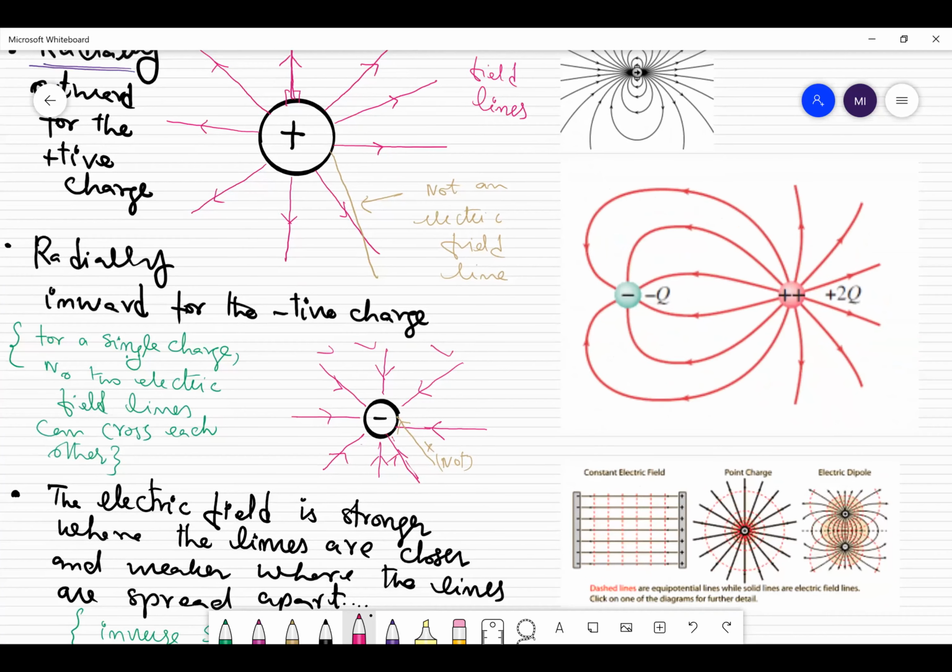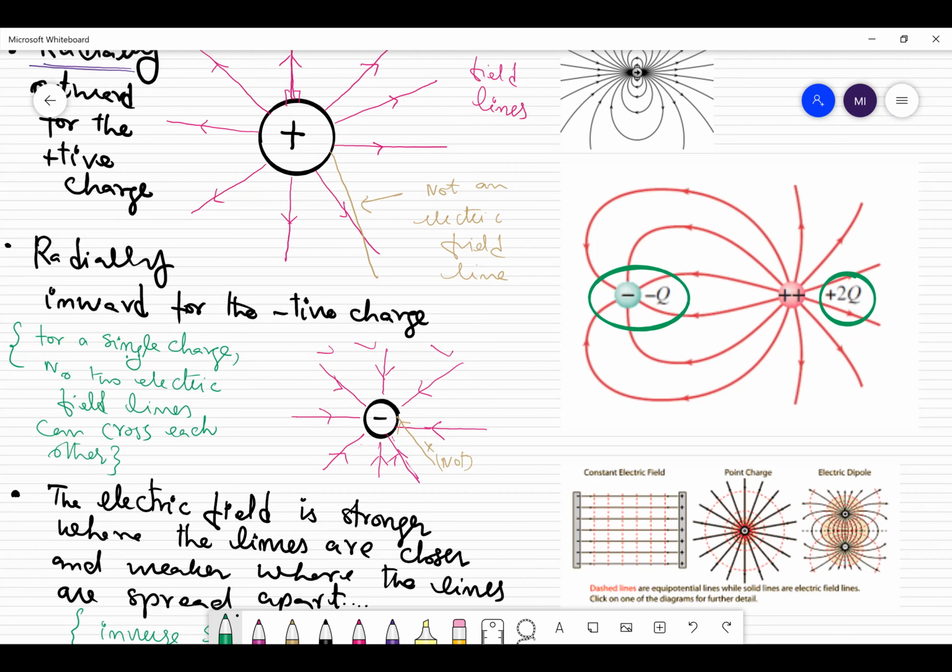Now, a next important point. Here you have 2 coulomb of charge, and here you have 1 coulomb of charge, for example. So here the magnitude of the charge is greater, and here it is less. You see how many more lines you have here.